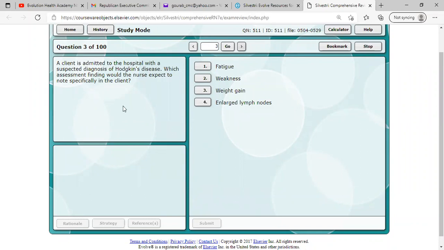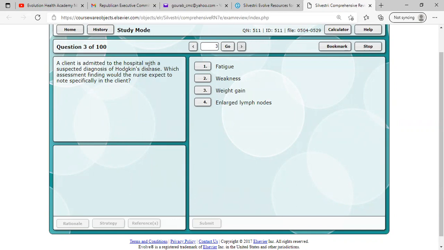so they said, which assessment findings would the nurse expect to note specifically in this client? Means the person who is diagnosed with Hodgkin disease, right? So Hodgkin lymphoma or Hodgkin disease is a type of lymphoma in which a cancer originates from a specific type of white blood cell we call lymphocyte, right?